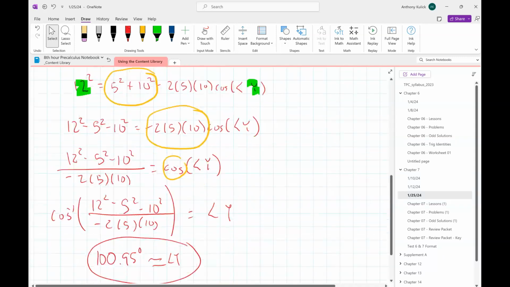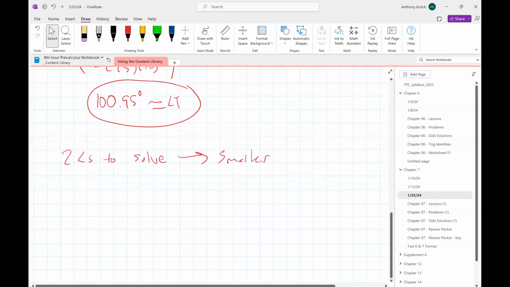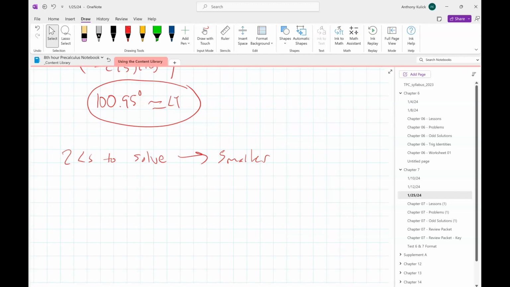Very good. So here you could either do the law of cosines again, or what I'd prefer, I'm going to write a law of sines because it's the less complicated formula. So I'll do sine of 100.95 over 12 equals sine of angle x over 5.